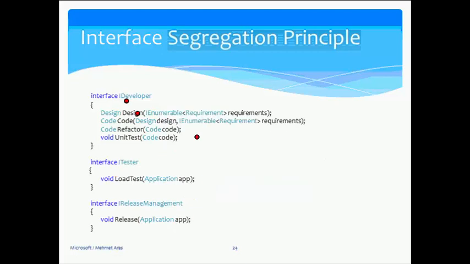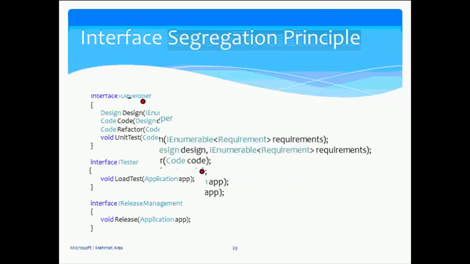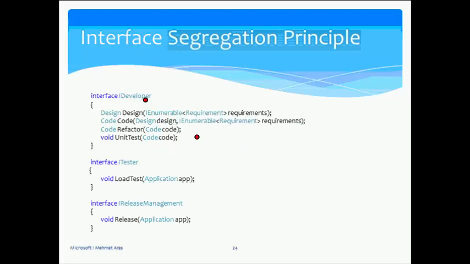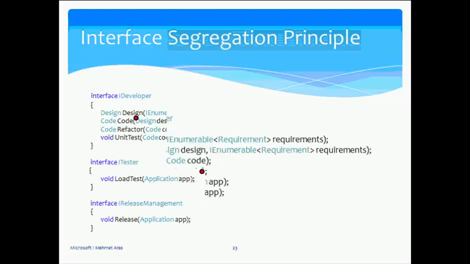Now, if I'm in an organization where developers do everything, that's fine. I just need to grab these interfaces and implement them. I can do iDeveloper, iTester, iRelease management implementation in one class. But if I'm in an organization where these responsibilities are fulfilled by different roles, then the developer is only going to implement this. And when I make changes to iTester or iRelease management, it's not going to affect the developers.